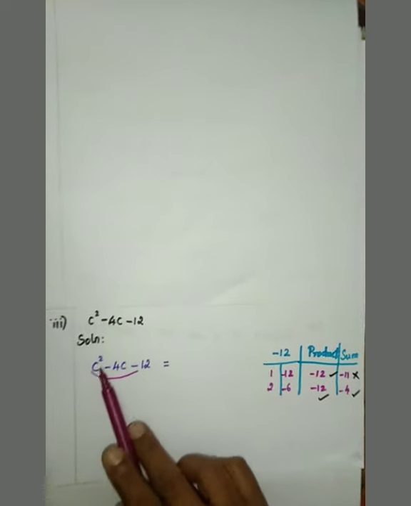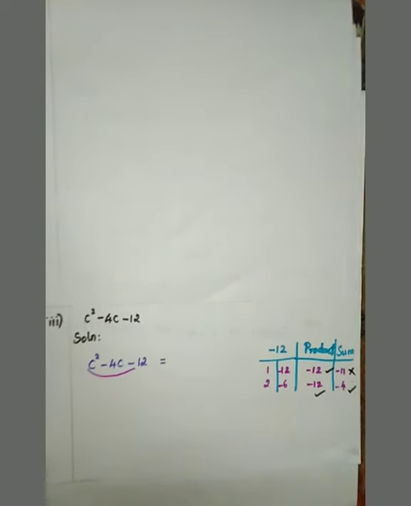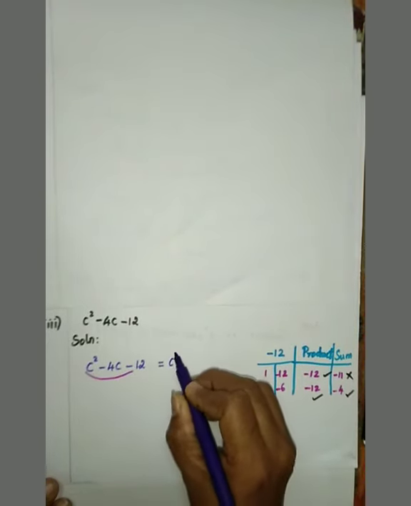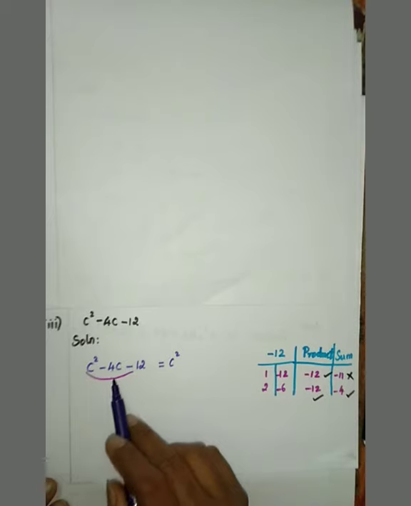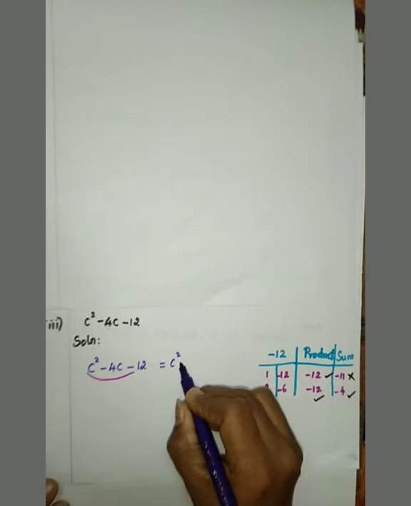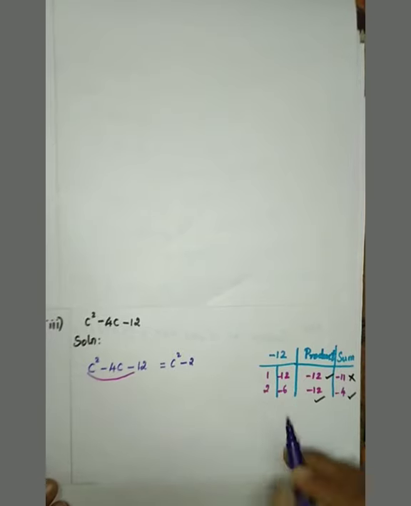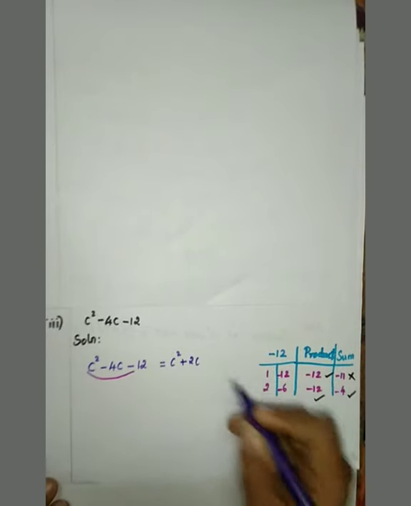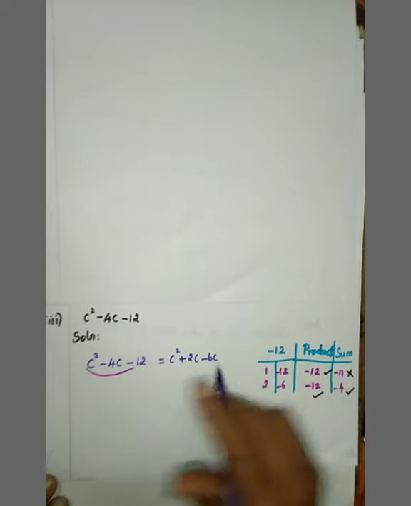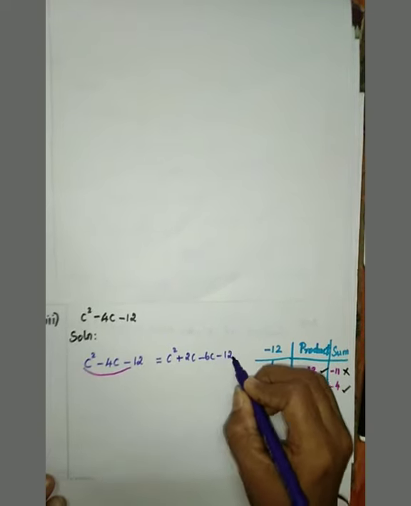So now we are going to split minus 4c into two factors. That is c square, and this minus 4c we are going to split into 2c minus 6c. So plus 2c minus 6c and minus 12 as such we can write.